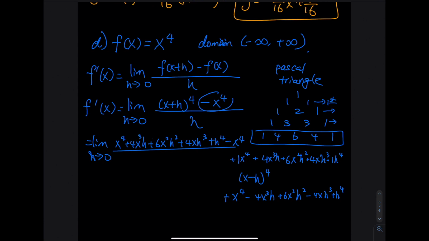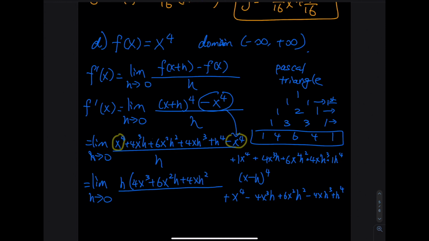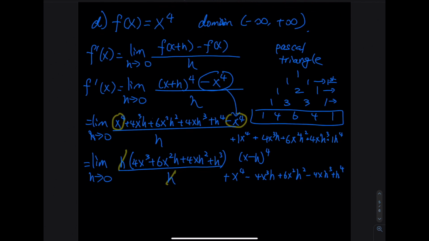So this minus x to the fourth is carried down there, so we can simply get rid of the x to the fourth. The rest, every single term has an h attached to it, so we can factor out an h: 4x cubed plus 6x squared h plus 4x h squared plus h cubed, and then divided by h. You get rid of the h. You are now ready to plug in h equals 0. So you end up with 4x cubed only, because all the h terms go to 0. So that is equal to f prime of x.